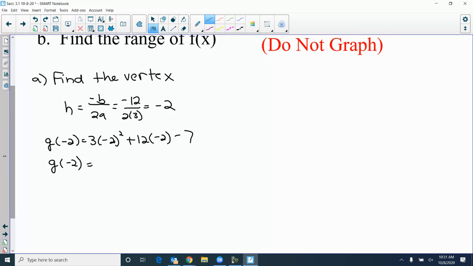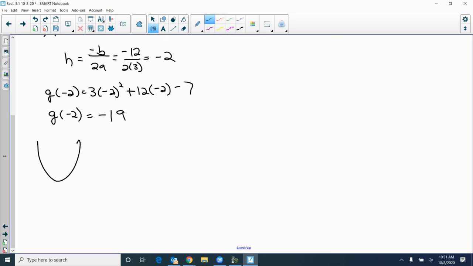Negative 2 squared is 4. 3 times 4 is 12. Minus 24 is negative 12. Minus 7 looks like negative 19. So here's what I got. It opens up. My vertex is negative 2, negative 19.